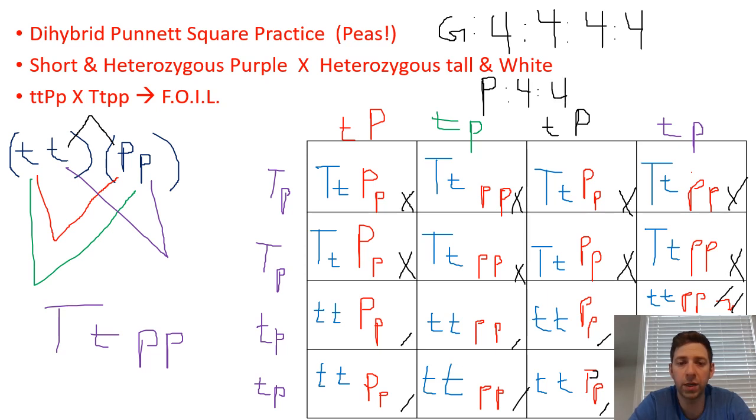What about short and purple? 1, 2, 3, 4. What about short and white, having both recessive phenotypes? 1, 2, 3, 4. So this is actually kind of a rare one where the genotype and phenotype are equal. They're both 4, 4, 4, 4.